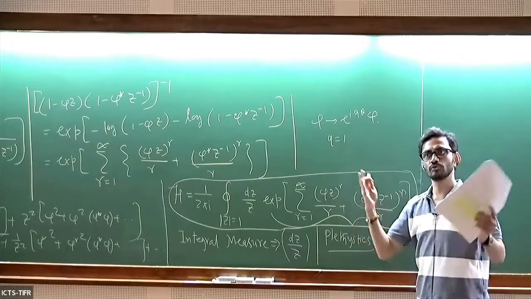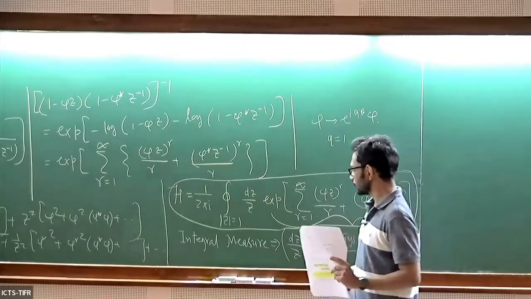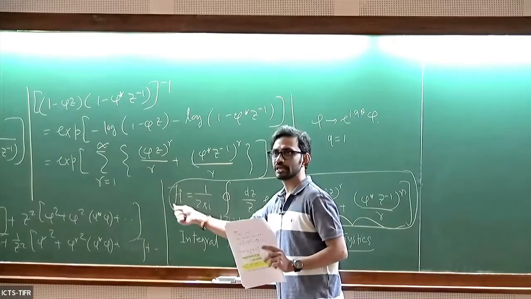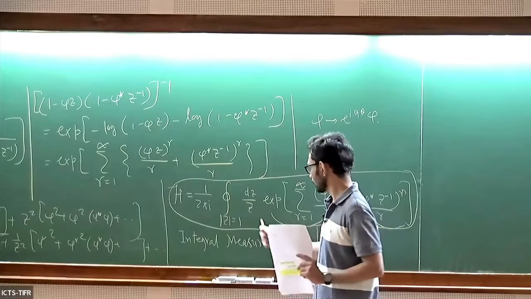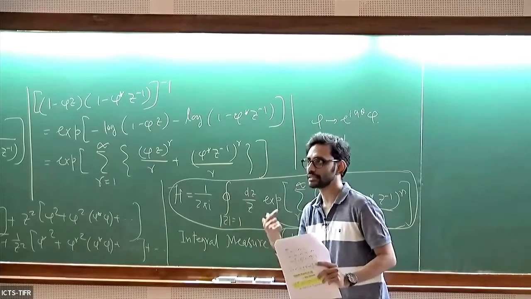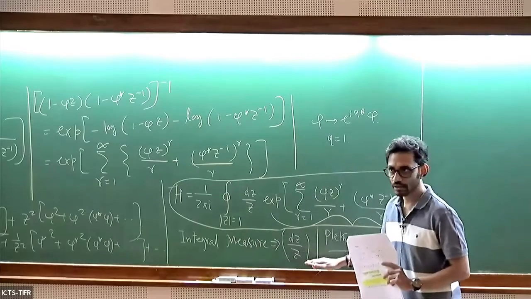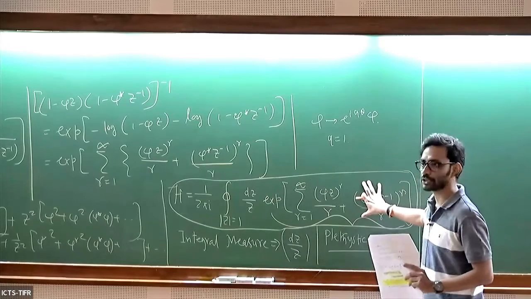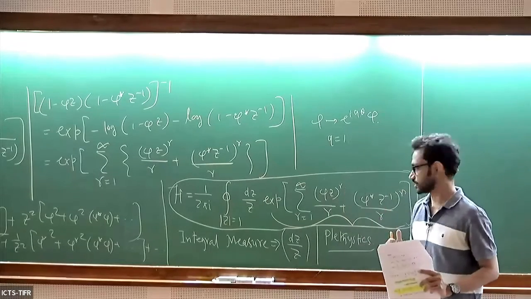Let's rephrase the whole game. You could set q equal to any quantity, and then I can construct a complex integral which gives me a series which looks like 1 by twice pi i over modulus z equal to 1, a unit radius circle, with dz by z as my integral measure, and then there's an exponential, and in the exponential some quantities are sitting. Let's have a detailed look into this structure.